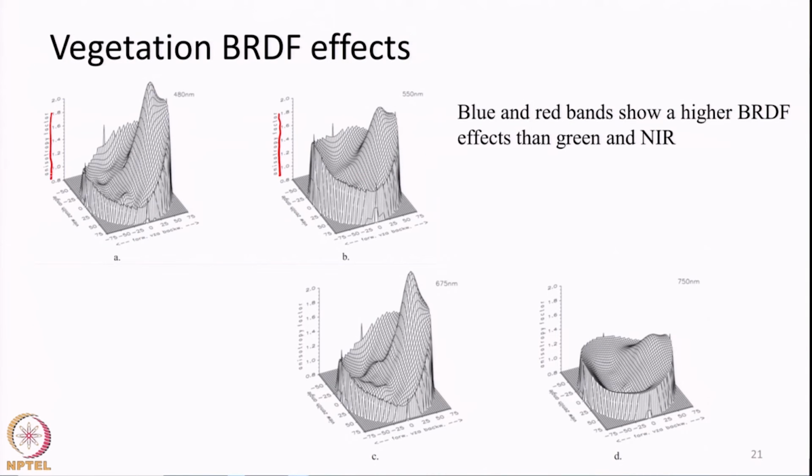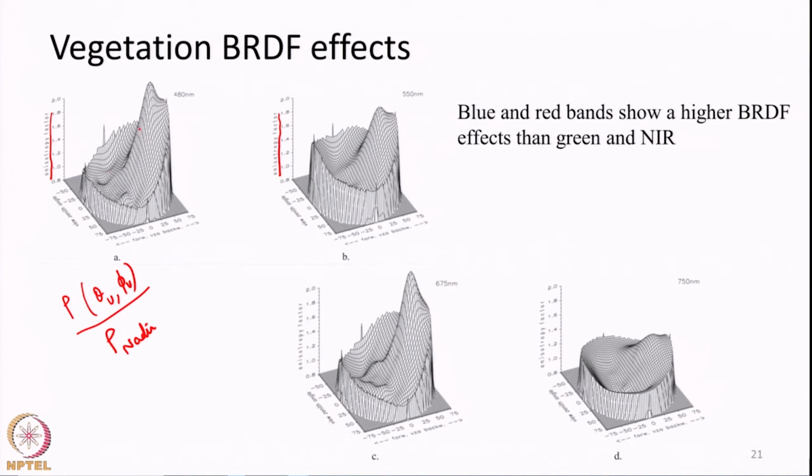The anisotropy factor is the reflectance for a given viewing geometry, theta v comma phi v, divided by the reflectance when taken from a nadir-looking sensor.